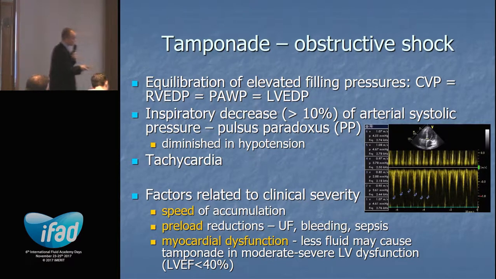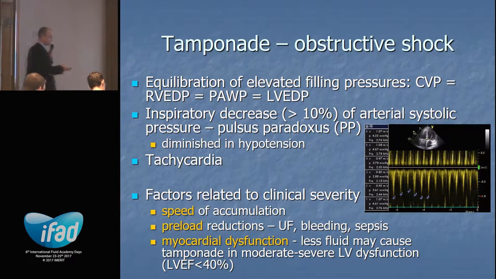The factors related to it and to severity of tamponade is the speed of accumulation, which I've already touched during the explanation of loss of pericardial reserve volume. Then preload reductions, that is, if you have patient, for example, with uremia with pericardial fluid, and he gets a vigorous ultrafiltration somewhere in the chronic dialysis session, then he may start to tamponade, because with reduction of preload, it can actually manifest the pericardial pressure and the fluid accumulation in pericardium.